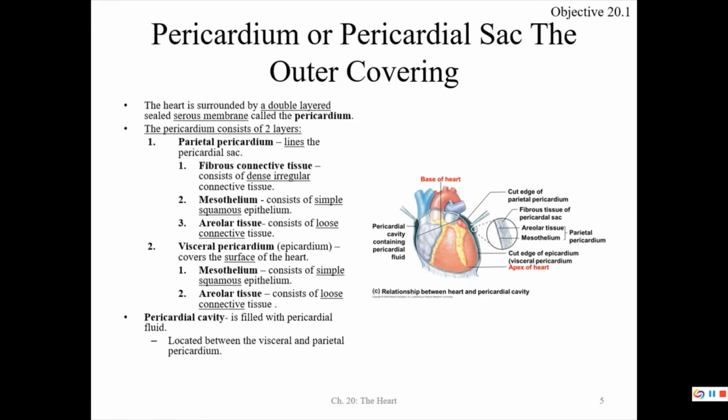And between these two is fluid, and there's a normal volume of fluid that is present here. When that fluid becomes too much, internal pressures put force onto the heart, a squeezing force that can prevent normal heartbeat, and congestive heart failure.